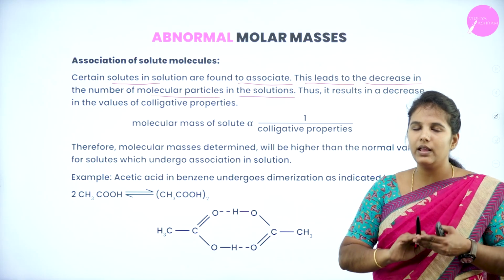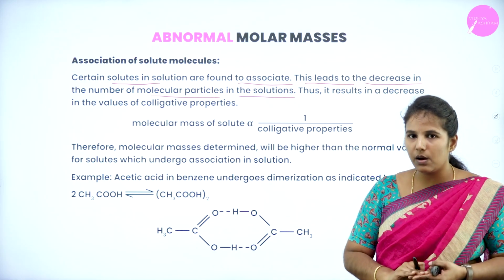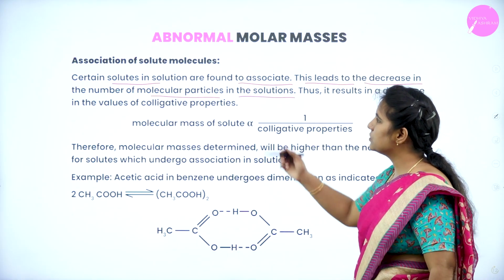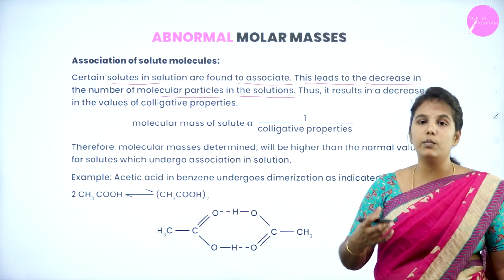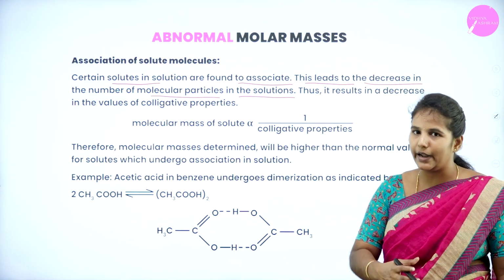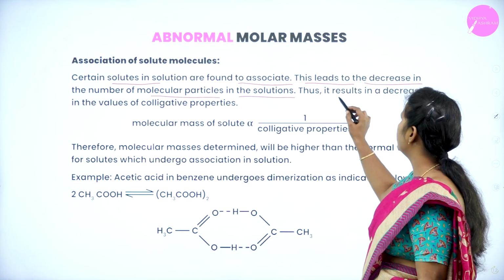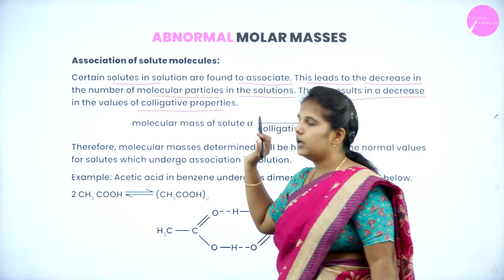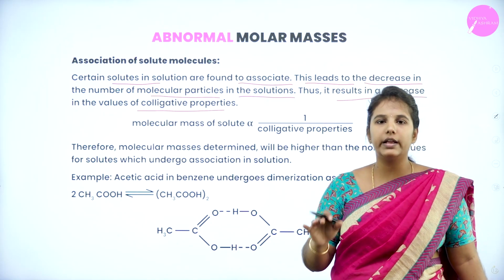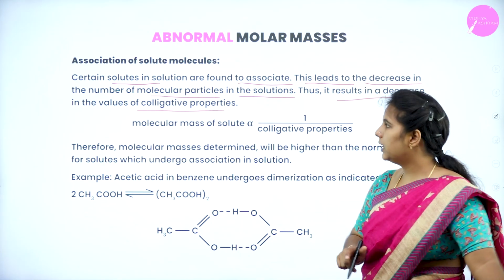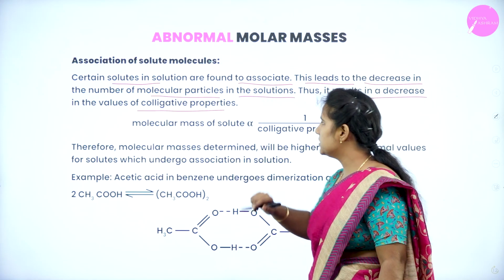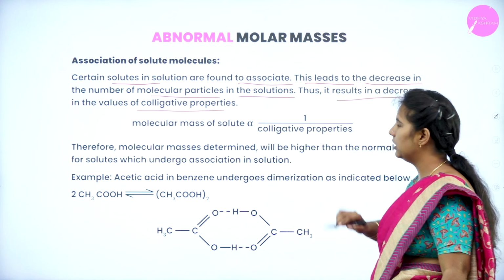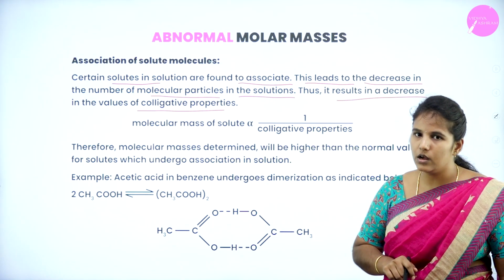They get combined. So due to the association, the total number of molecular particles will be reduced. If it is reduced, the result is a decrease in the colligative property. So that is why the molecular mass of the solute is proportional to 1 by the colligative property.